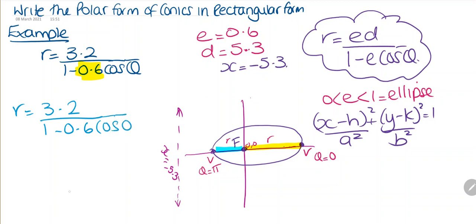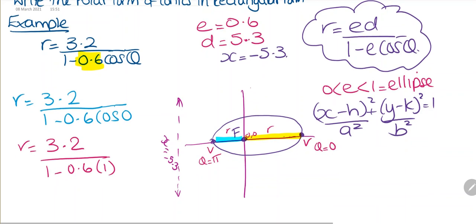So if we take our equation, r is 3.2 divided by 1 minus 0.6 cosine, and if we do 0 first, cosine of 0 is just 1. So 1 minus 0.6, so we've got 3.2 divided by 0.4.